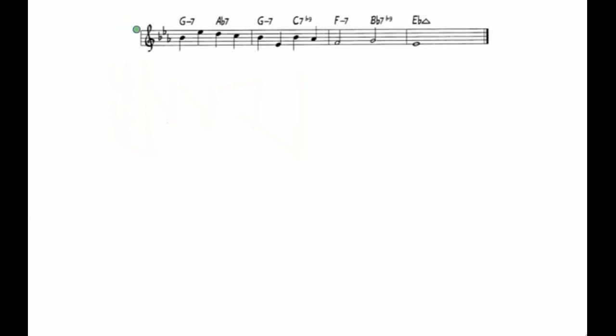So, we've got 5 lines here, 1, 2, 3, 4, 5. We've got a clef, we've got a key signature, we've got all this information up here.